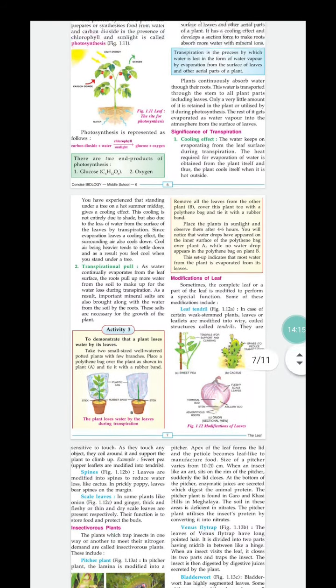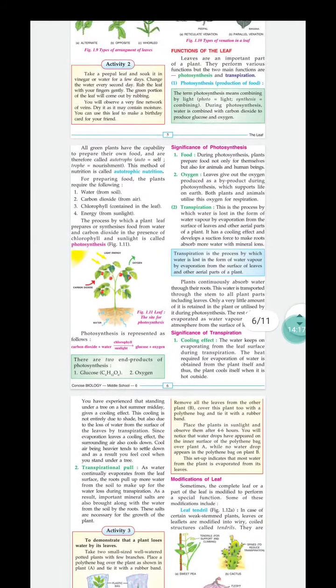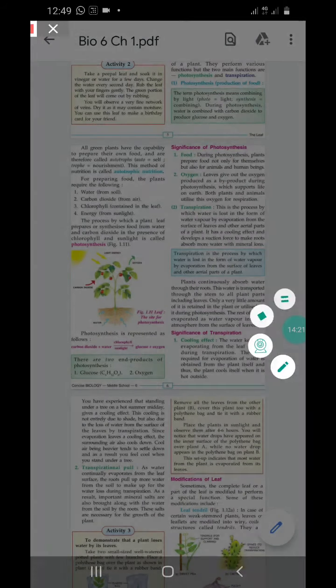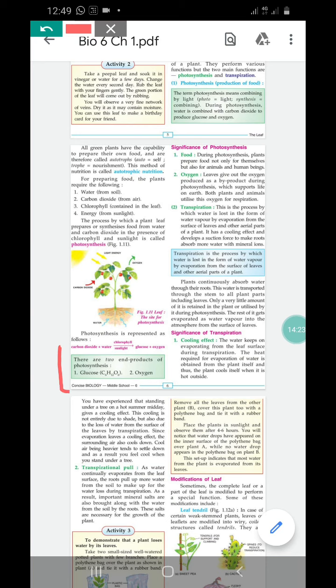Children, here in the process of photosynthesis, you need to learn by heart the equation of photosynthesis. The chemical formula of glucose is C6H12O6.